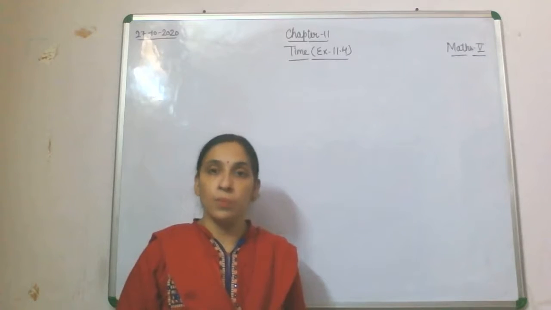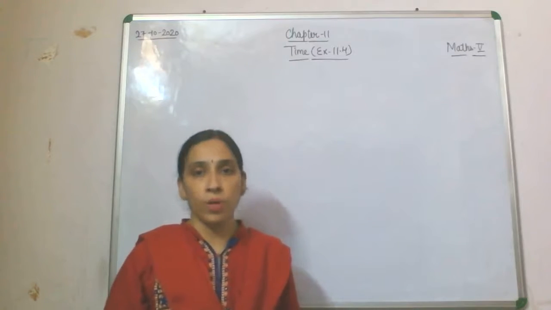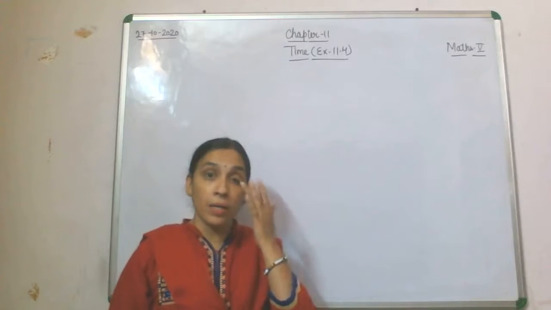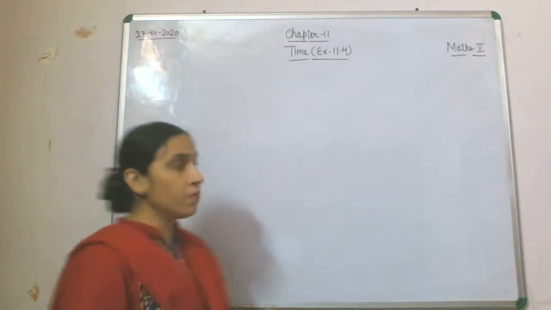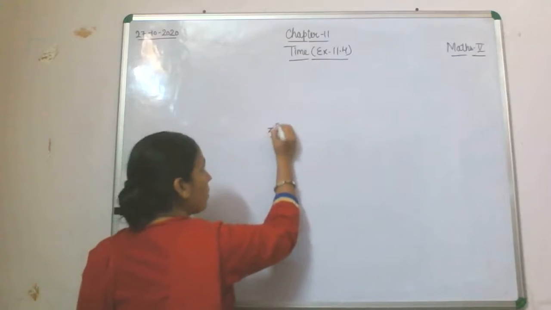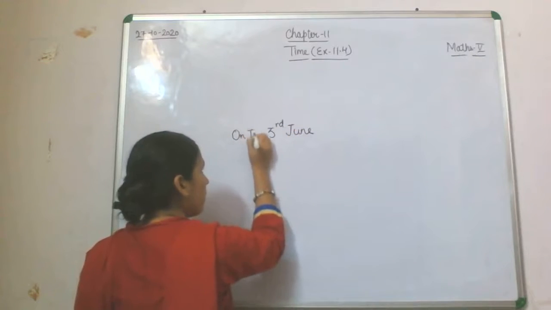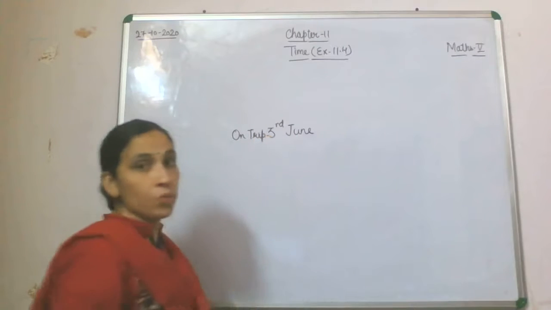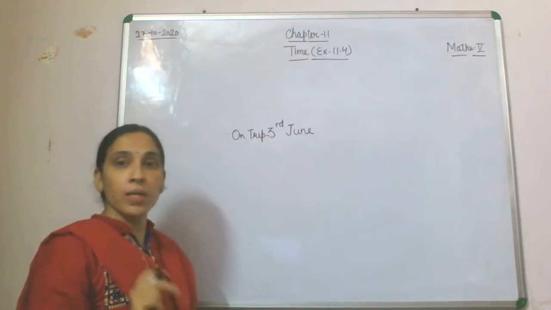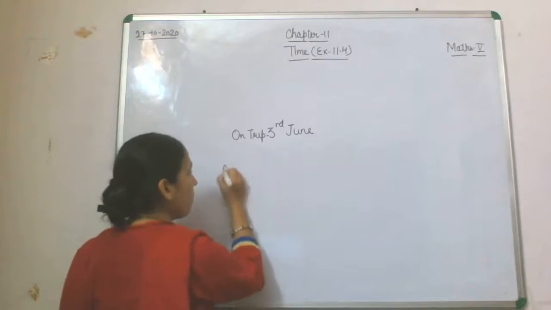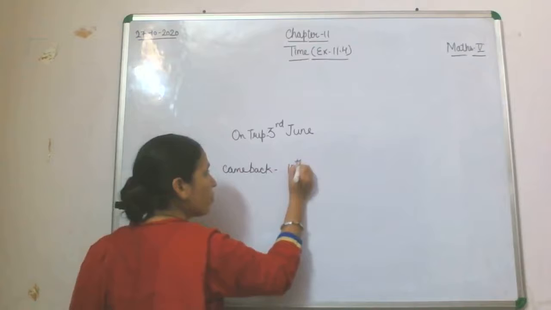Let's say you went for a school trip or a picnic or whatever, and you went on that trip on 3rd of June, and you came back on 10th of June.